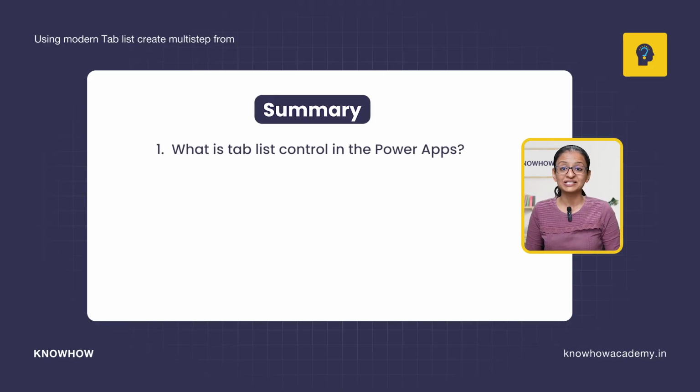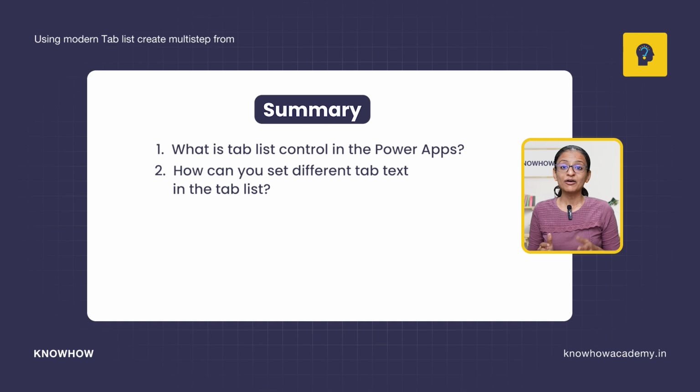Okay, so this way you can create a multi-step form in Power Apps using the tab list control, which is a modern control in Power Apps. So let's summarize what you have learned from this video. From this video, you have learned what the tab control is, which is one of the modern controls of Power Apps.